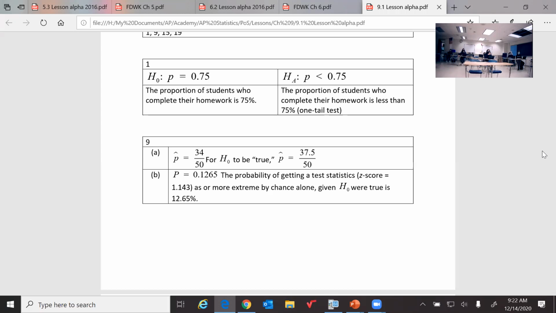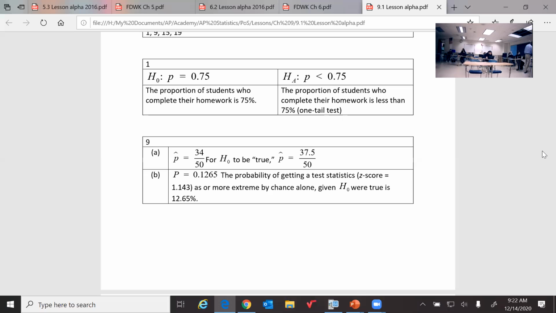The p-value, they gave it to you, is 0.1265. If the true proportion were 75% of kids doing their homework, the likelihood that our sample would give us 68% or less is about 12.5%.